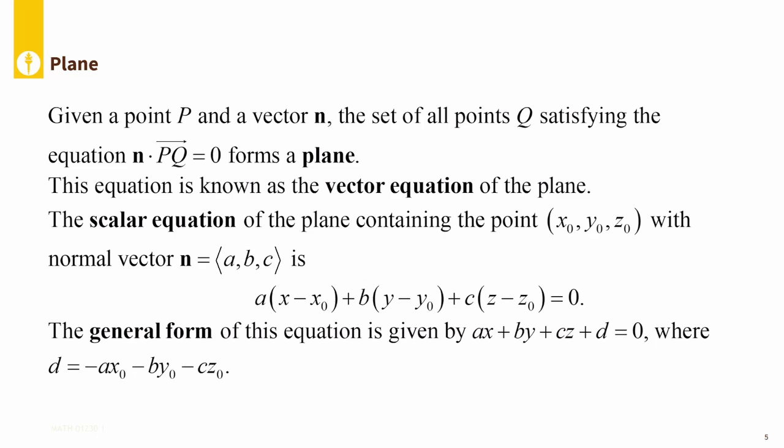So if you actually do the algebra on the scalar equation, which you can get from the vector equation, that's what you find for D: negative A times x naught minus B times y naught minus C times z naught. Because you're distributing the A, the B, and the C through, and those are all constants, so you group them together. See that?